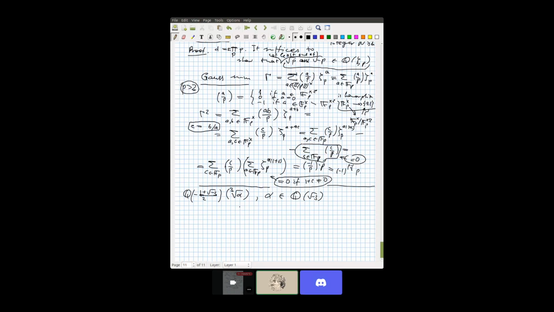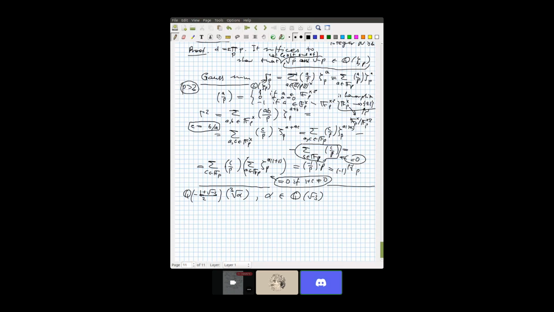And what do we do with this information? What is gamma? Gamma is an element of our p-th cyclotomic extension, and we can call it gamma p, and this means that we can obtain the square root of plus or minus p as an element of a cyclotomic extension.